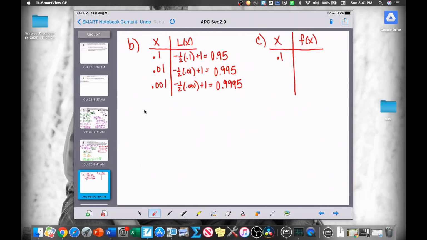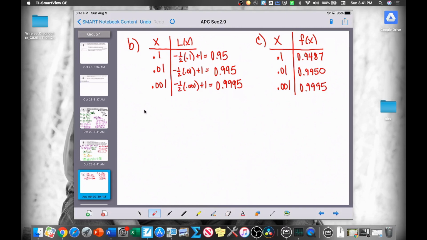For 0.1, I got 0.9487. For 0.01, I got 0.9950. And for 0.001, I got 0.9995.